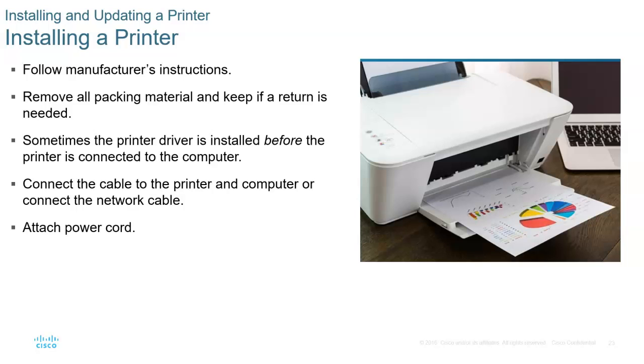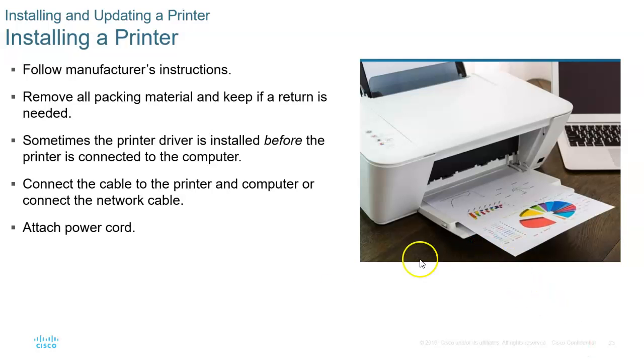Then you're going to make sure that the cable to the printer and the computer are connected, or that you've connected the network cable. If you need to do that, make sure it's installed into the network port. Once everything's properly connected, then attach the power and then plug it into the wall or wherever you're going to plug that into.